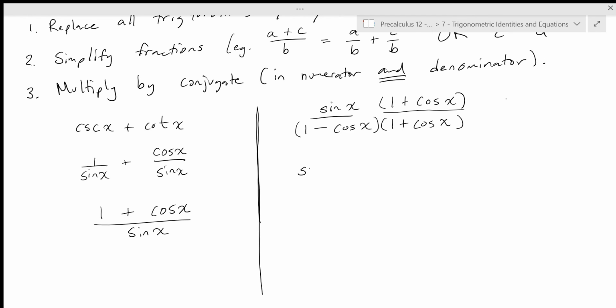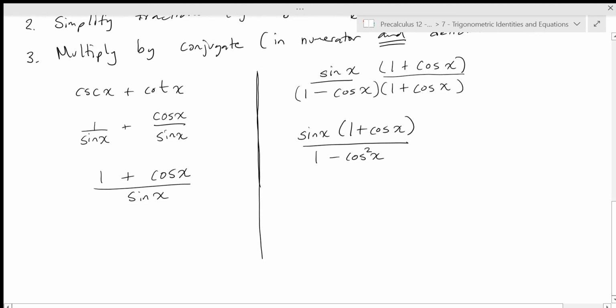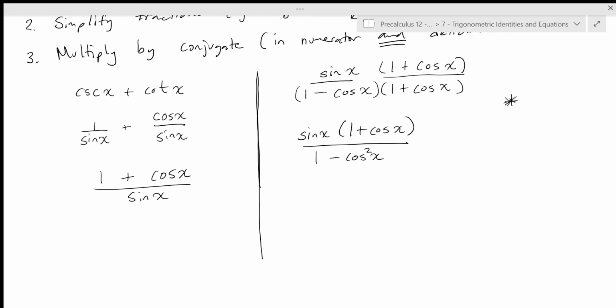So this gives me sine x times 1 plus cosine x in the numerator. And in the denominator, I get 1 minus cosine squared of x. So now I notice my Pythagorean identity. And so this is where I said you want to be able to see the Pythagorean identity in all its forms.